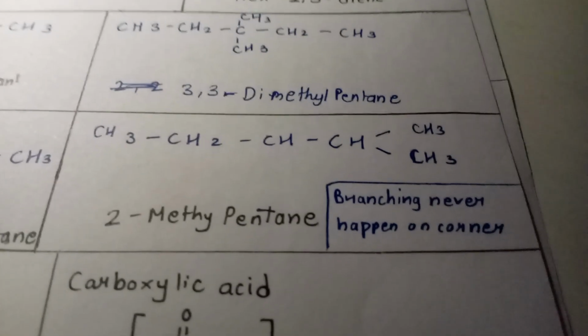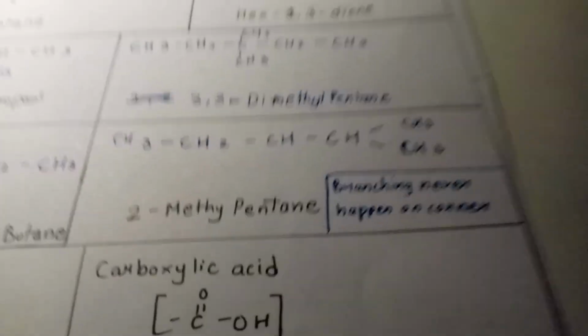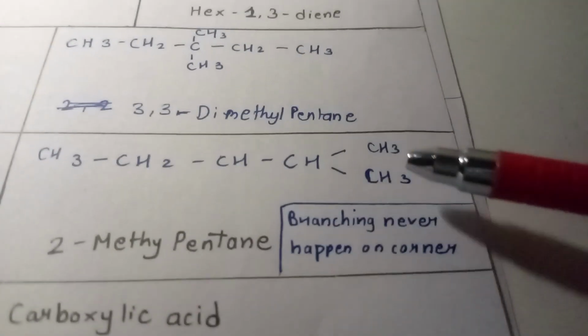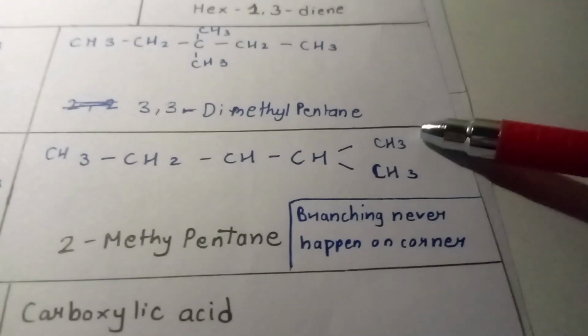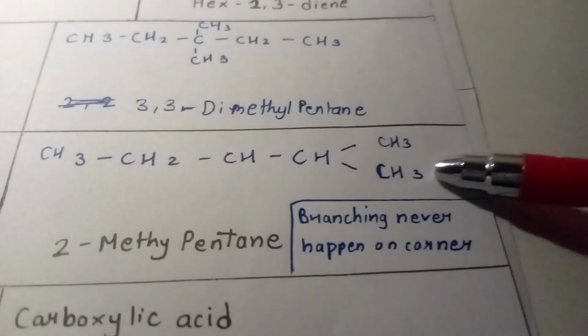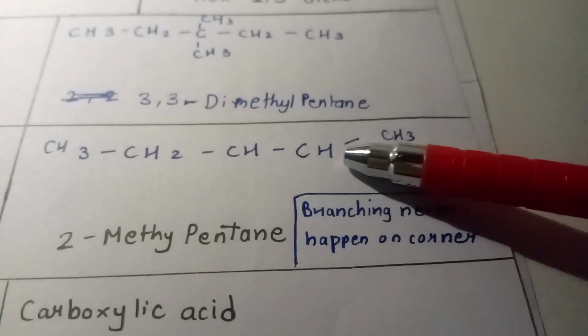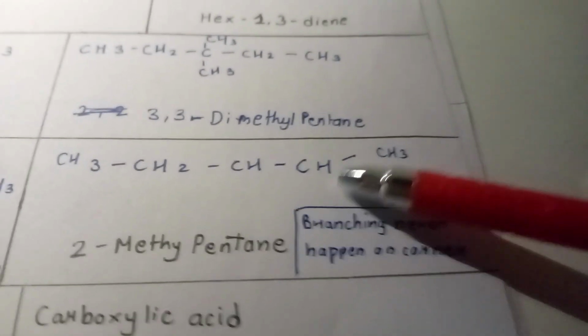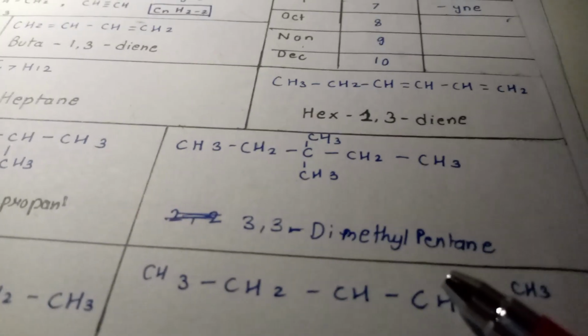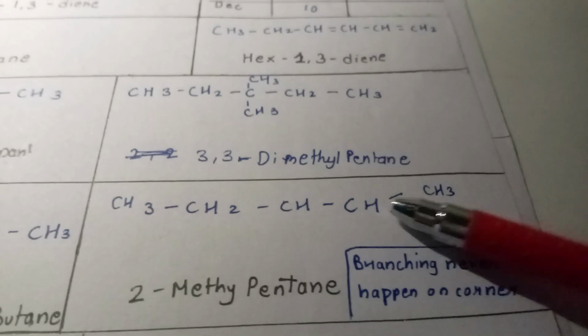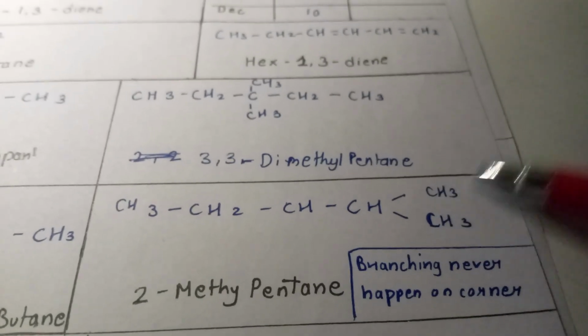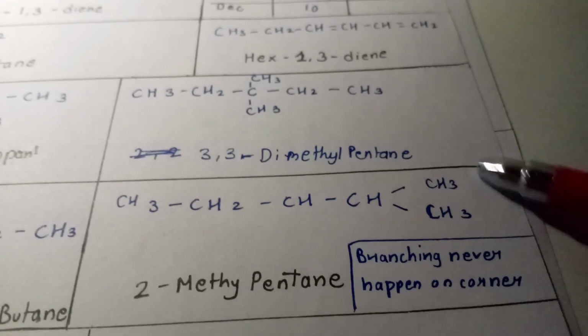And there is a rule, branching never happens on the corner. That means if you see something like this, understand that there is no branching here. It is a chain, and the second carbon on that way has the branching.